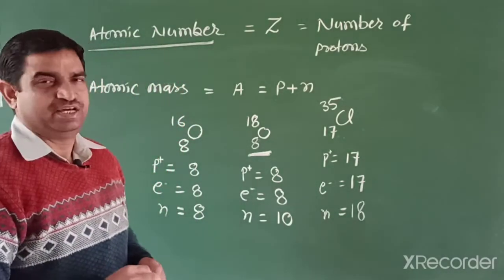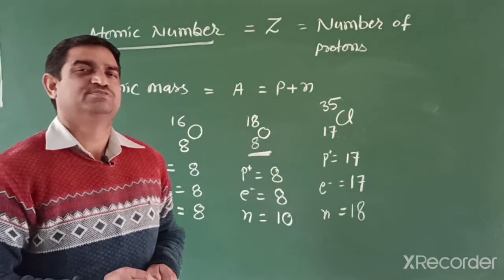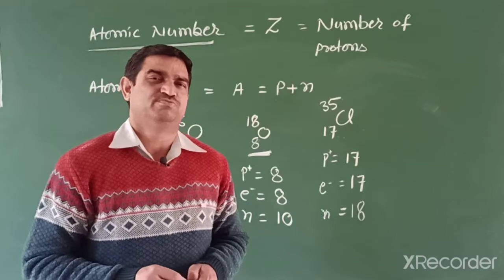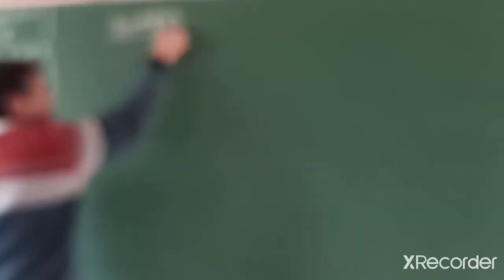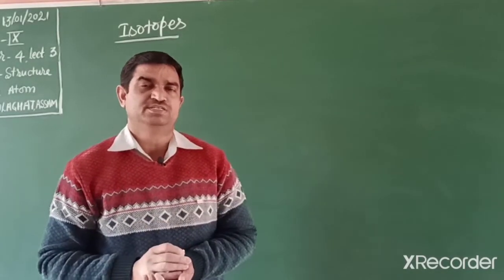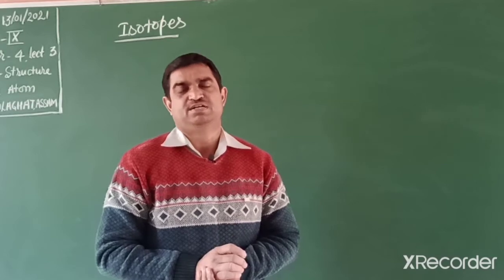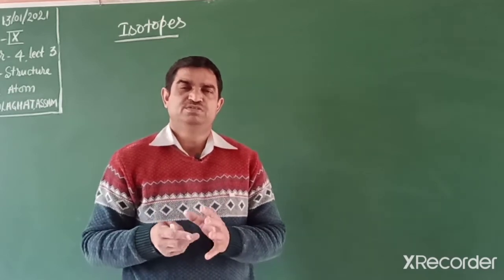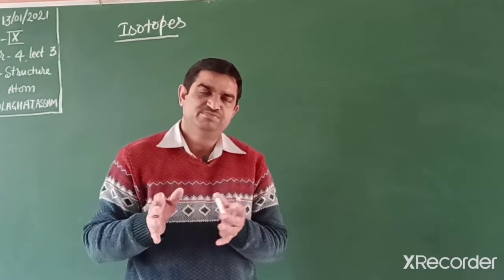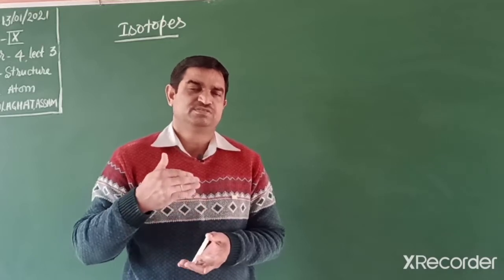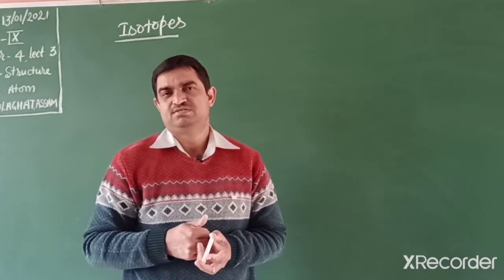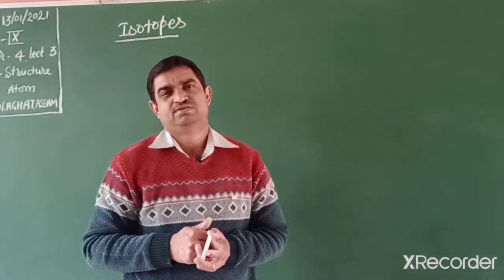Now we will explain what isotopes and isobars are. Isotopes are substances having the same atomic number but different mass numbers. Isotopes means atoms of the same element that have the same atomic number but different mass numbers.